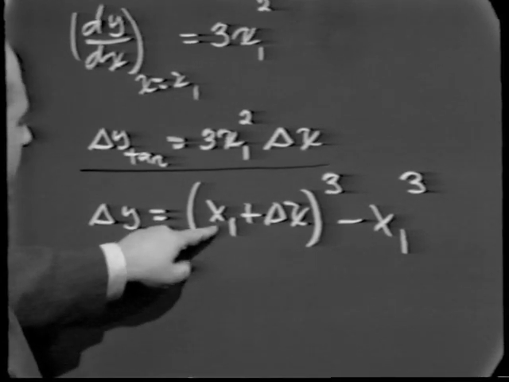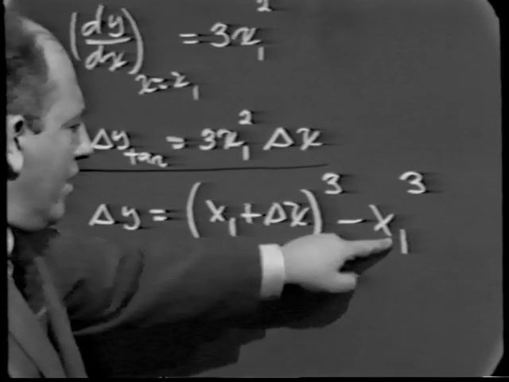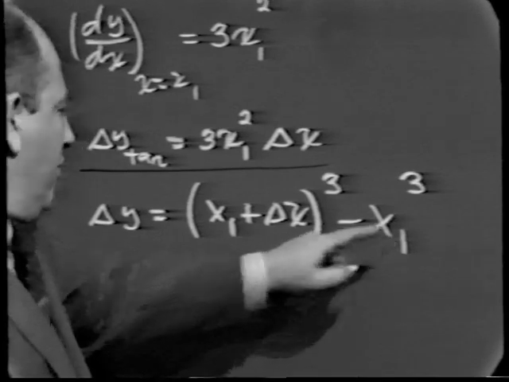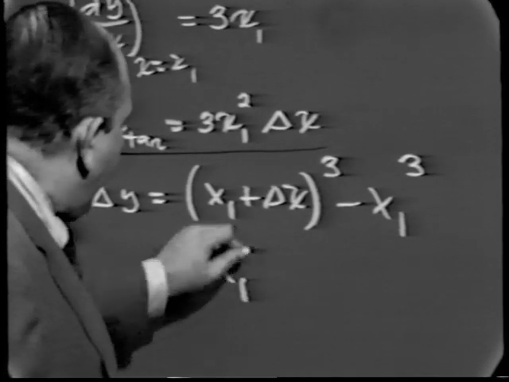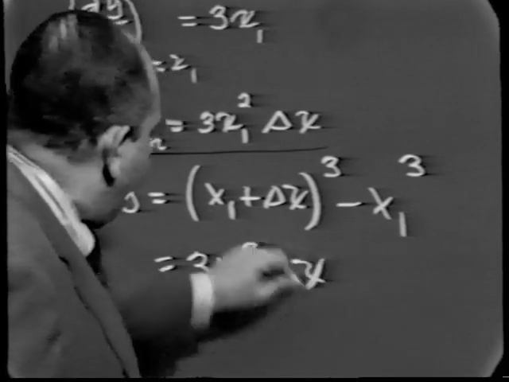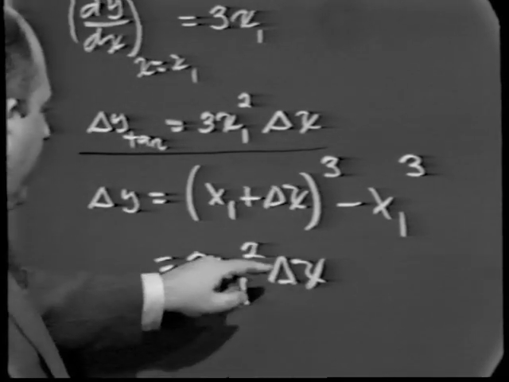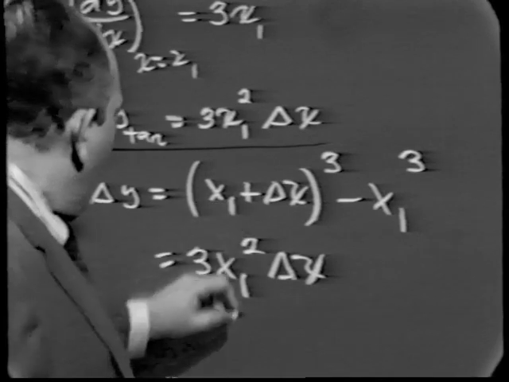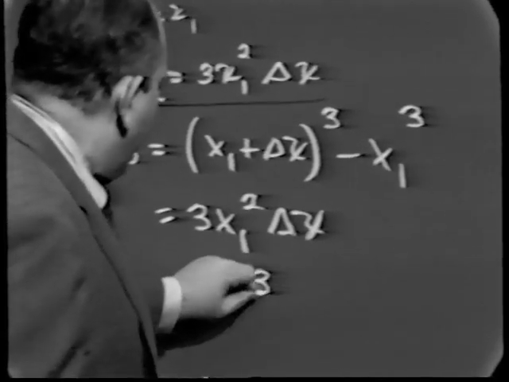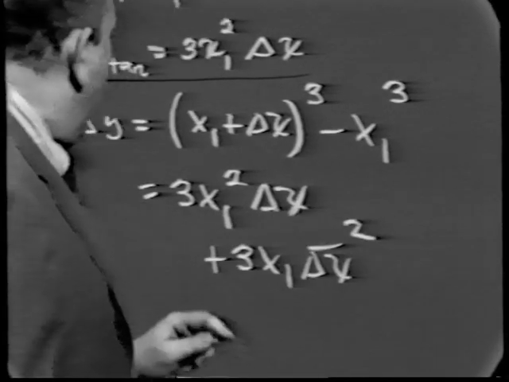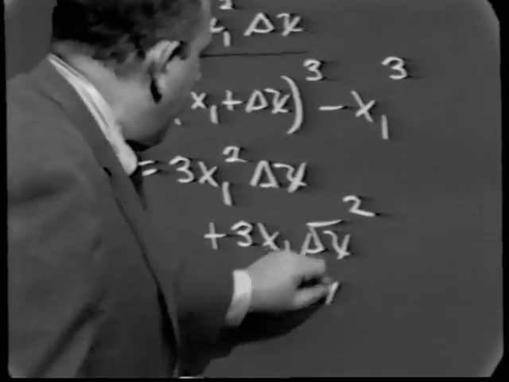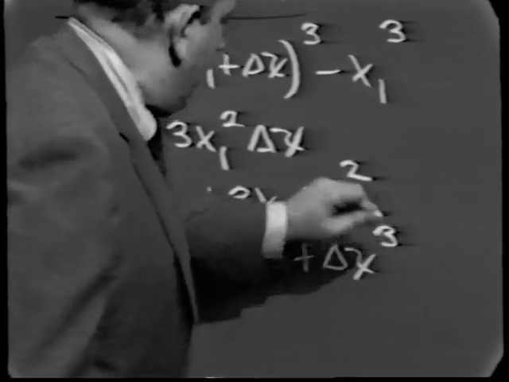By the binomial theorem, we get an x1 cubed term here, which cancels with the x1 cubed term over here. Then we get what? A 3x1 squared delta x, so using the binomial theorem here. And then what else do we get? We get plus 3x1 delta x squared plus delta x cubed.